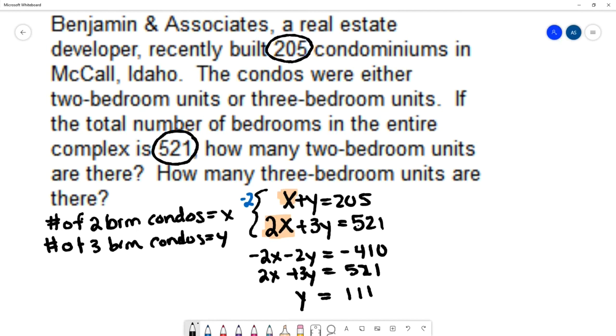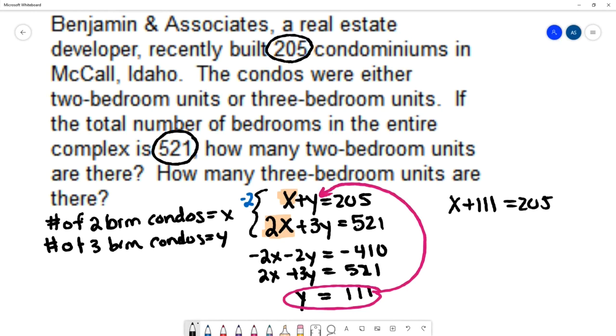And then we can figure out the number of 2-bedroom condos by substituting this back in. That's x plus 111 equals 205. I'll subtract 111. That's x equals 84.